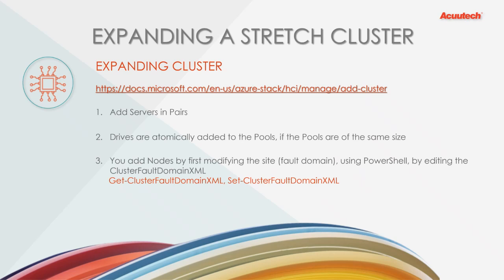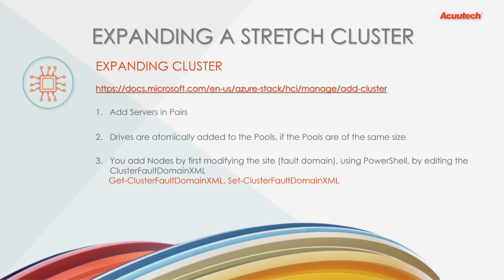So you are able to expand an existing cluster's nodes and storage in a stretch cluster by first adding these to the cluster fault domain of the site before adding them to the cluster. So what does that really mean? In this slide here, you'll see there's a link to the complete steps of how you would prepare and add new cluster nodes to an existing stretch cluster.